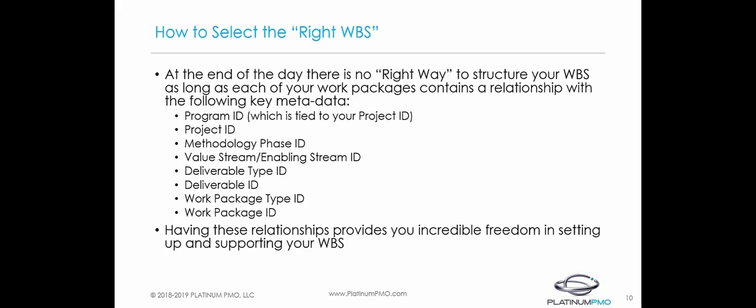Next, for each line that you have in your project plan, you must assign a value to each of these metadata elements. Once you have done this, you have a variety of ways of slicing and dicing this information within your plan, and as long as all your projects within your program are capturing these fundamental data points, you can maintain integrated congruence within these projects.